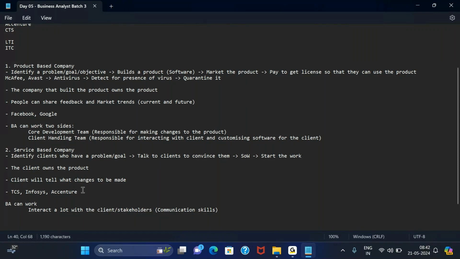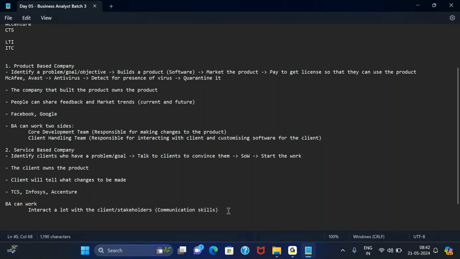Okay. So have good communication skills, because you need to have a lot of meetings with the client to understand what they need, to document what they want, and then to have review calls with them to go over whether you have accurately documented their requirement or not.